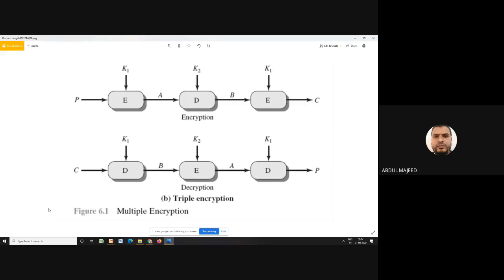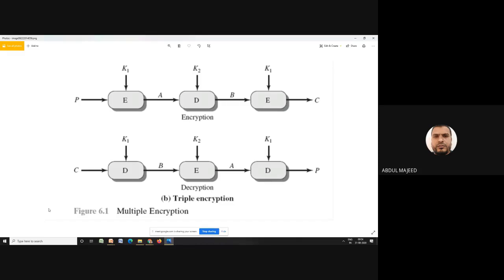When they perform operations they need the key, but the key is divided into three parts: K1, K2 and K3. In this figure you can see we have taken K1 and K3 as the same, K1 and K1. Only the second key is different.